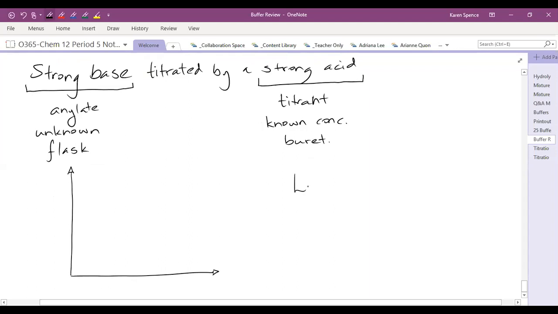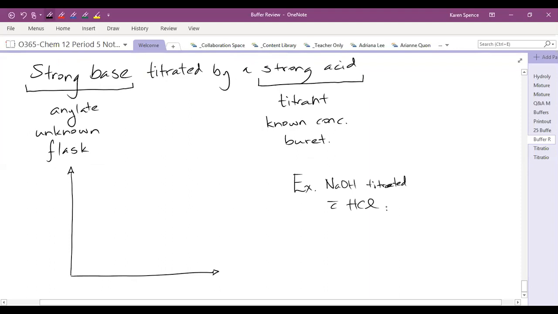So for example, we might have NaOH titrated with HCl.